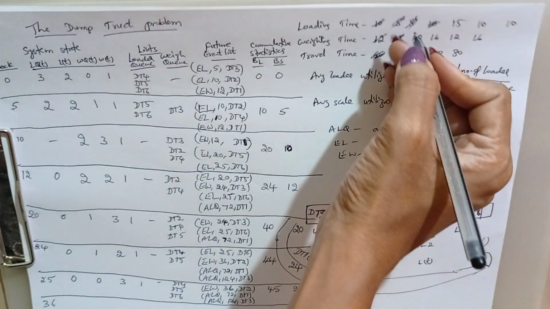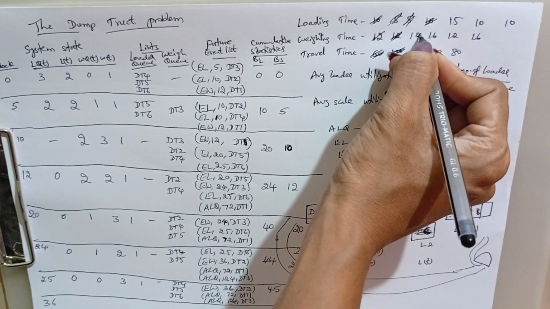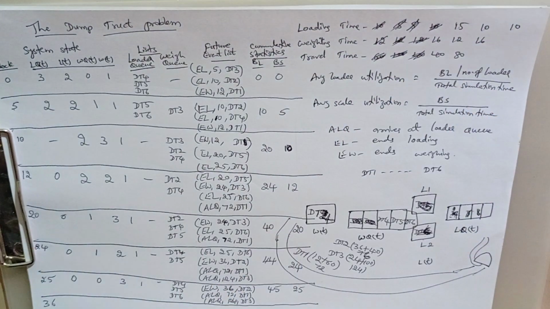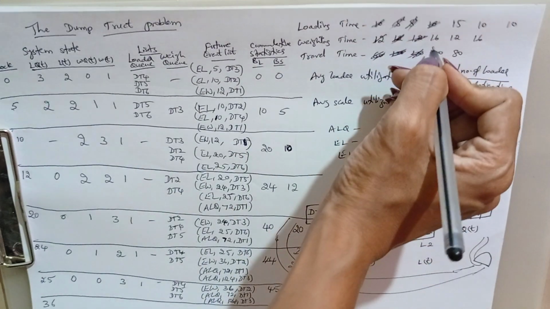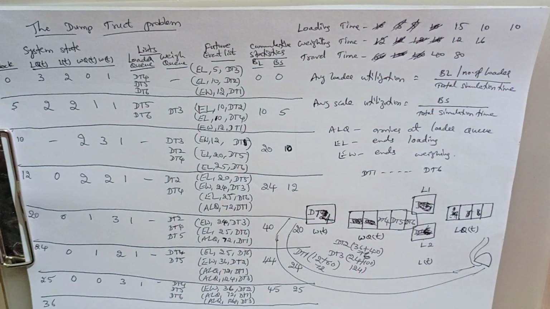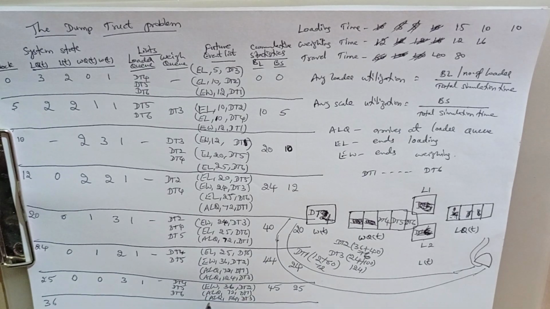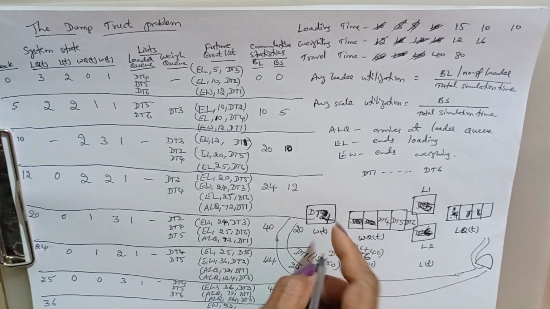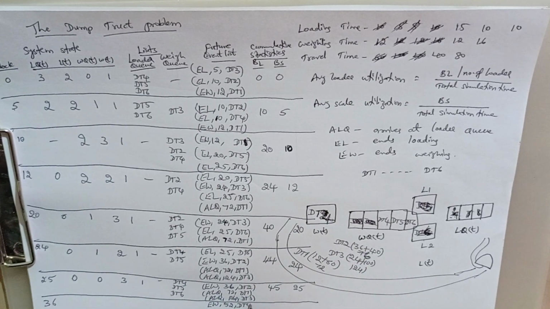Sorry, already this 12 is completed. 3 weighings completed, right? Yes. 16. 36 plus 16, that is 52. This is 52. Now, EW 52 and truck number is 4.